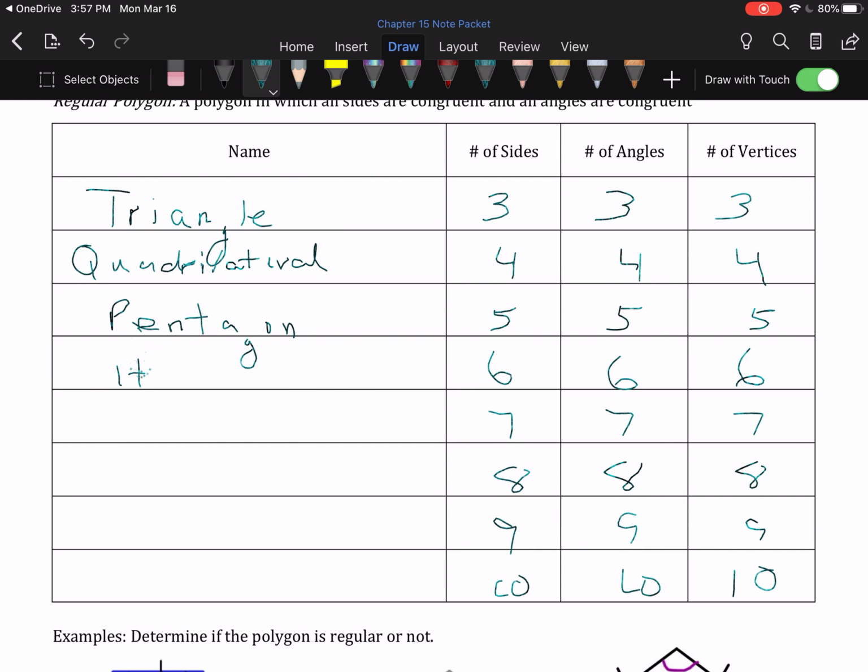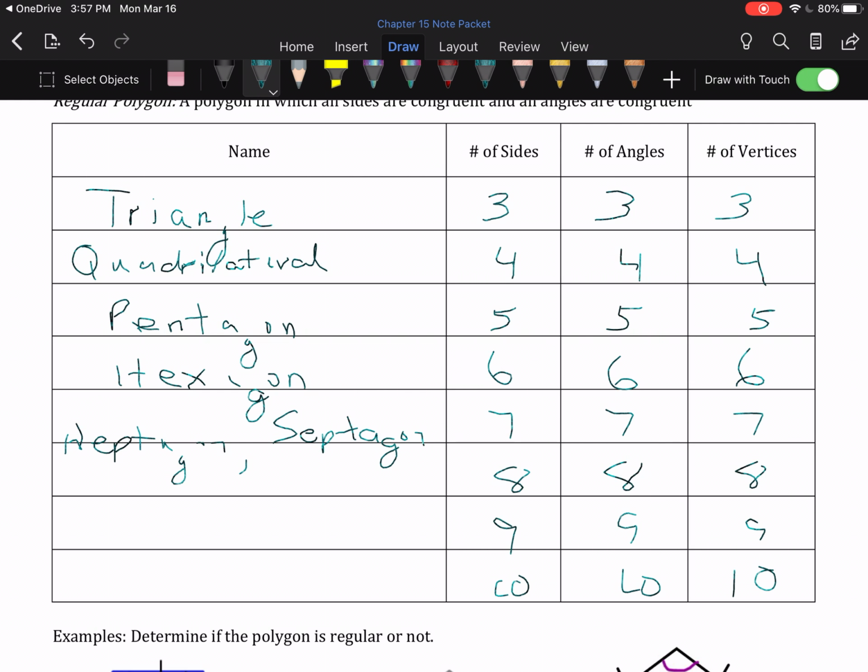Six-sided, hexagon. Seven-sided. There are two words for this. It is either a heptagon, which is what your book calls it, but I will also accept septagon, S-E-P-T-A-G-O-N.